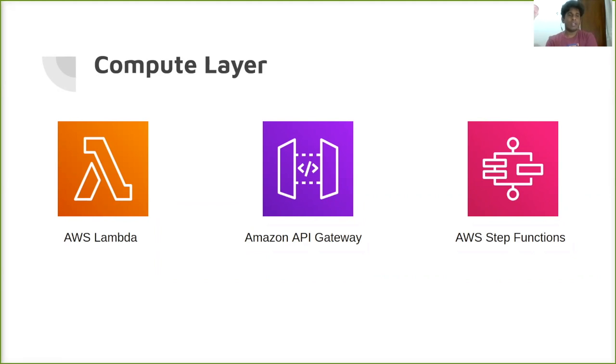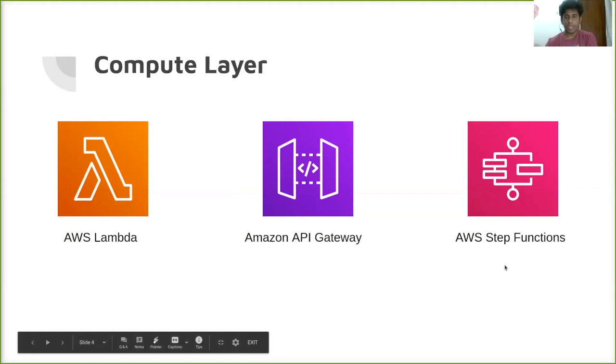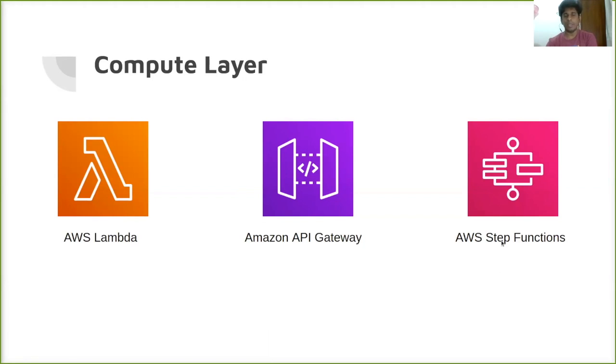The first layer that I will be talking about is the compute layer. So in compute, primarily we have AWS Lambda. Even though I have added API Gateway and Step Functions here, API Gateway is not directly related to the compute layer. But when it comes to Lambda, most of the startups that we are seeing today are using Lambda with API Gateway to build REST endpoints.